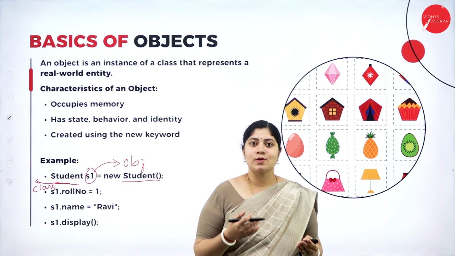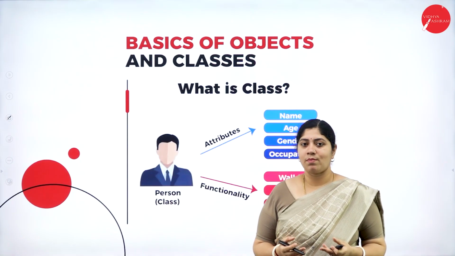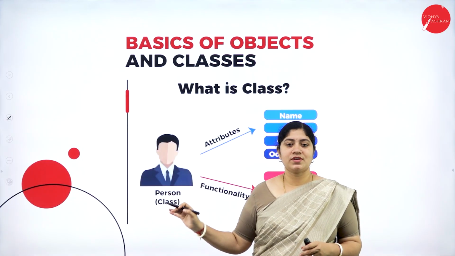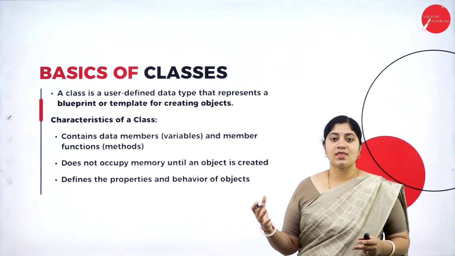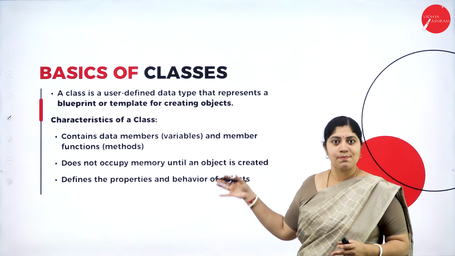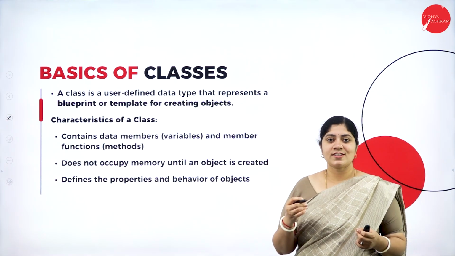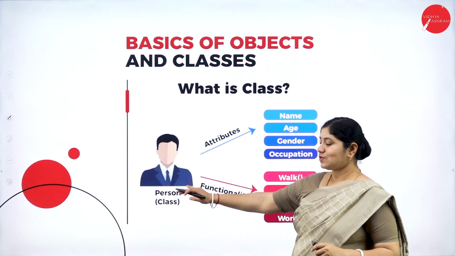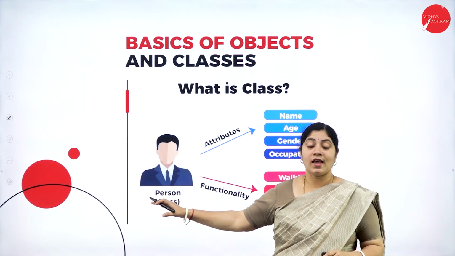Up next, let's go in depth and understand what a class is and all about the class. We have a simple example over here in order to understand the basics of class. Let's understand the example, then let's go with a definition so that it will be helpful to understand everything in a very good way. So this was the example, and here we are considering a person as a class.